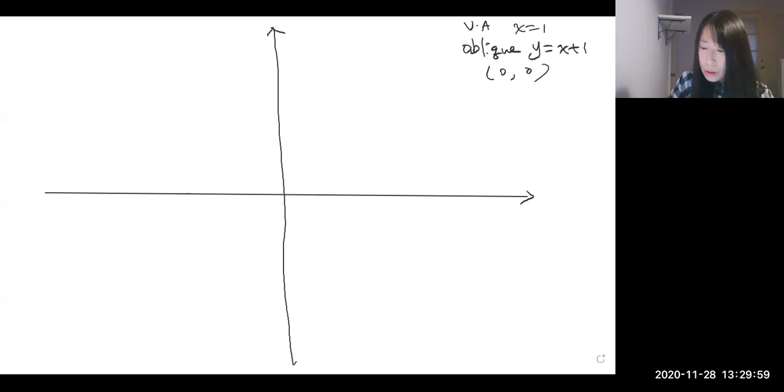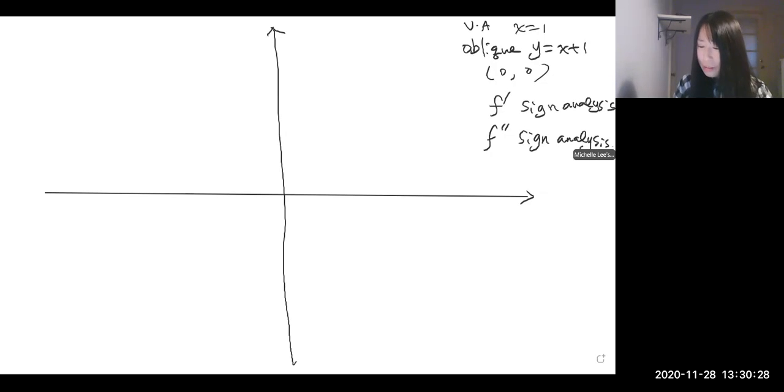What else we know? We remember the f prime sign analysis.